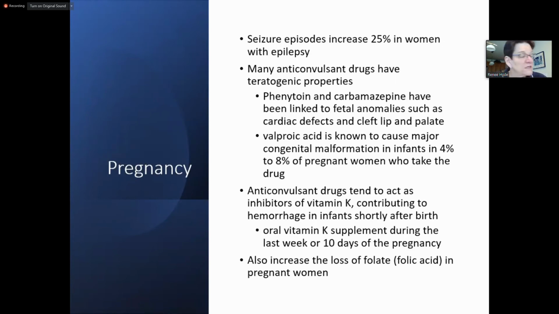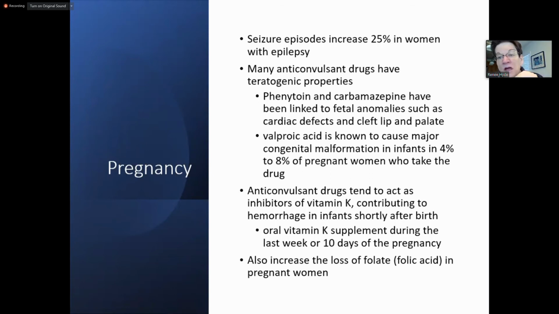Now, with pregnancy, basically what you will see is that people that have an underlying seizure disorder, their seizure episodes increase about 25%. We have to remember that a lot of these meds have teratogenic properties.